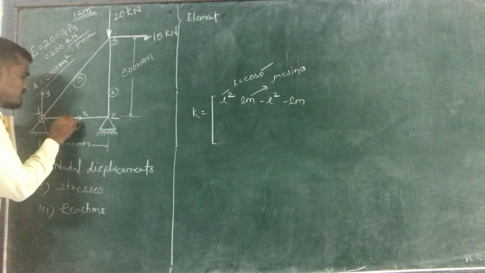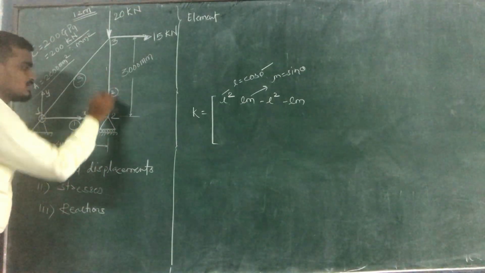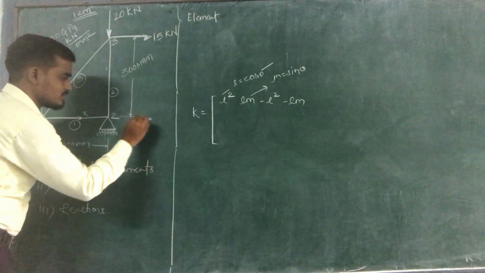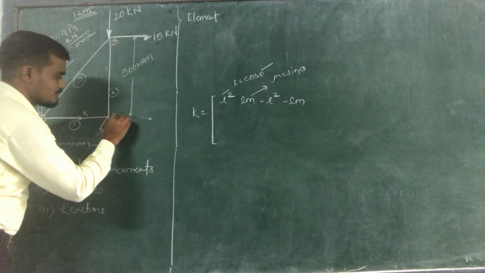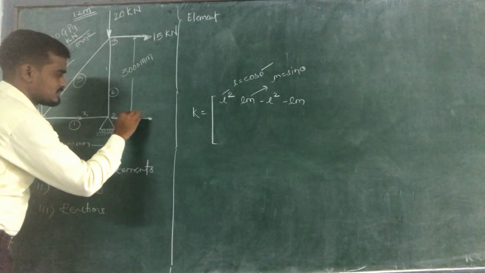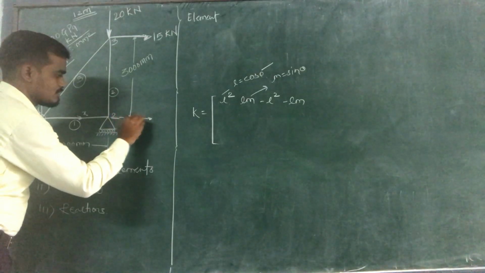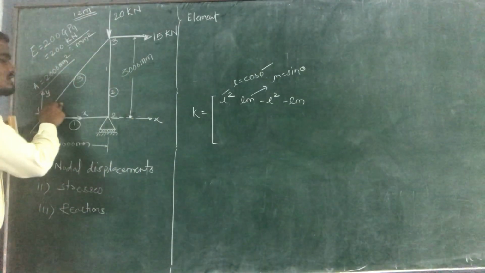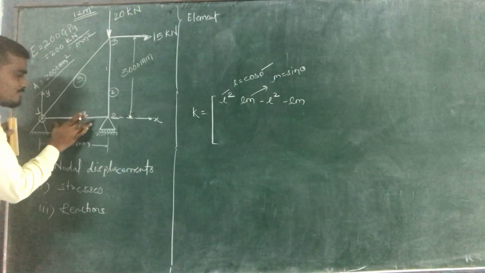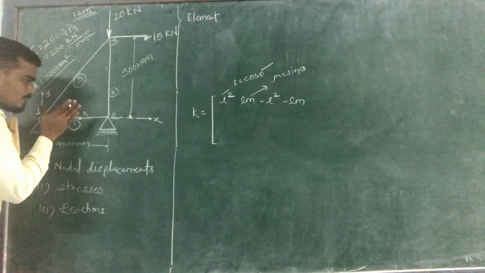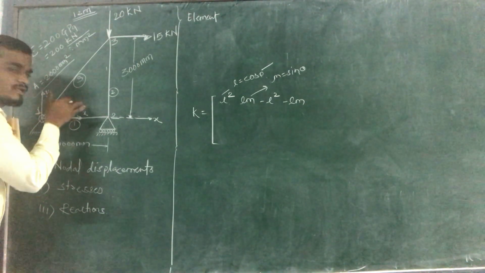So this is the first element, this is your second element, and this is your third element. From the reference axis, we need to find out what the inclination of each element is.